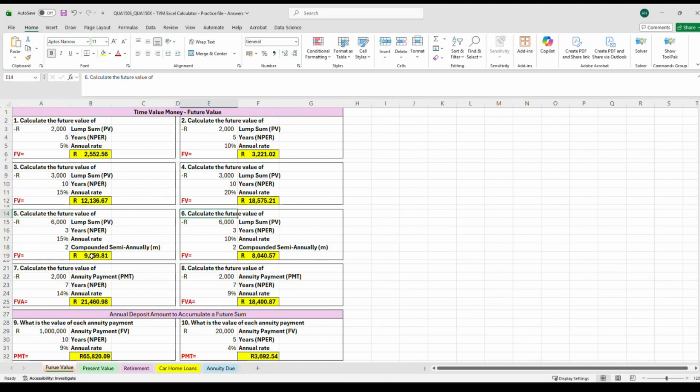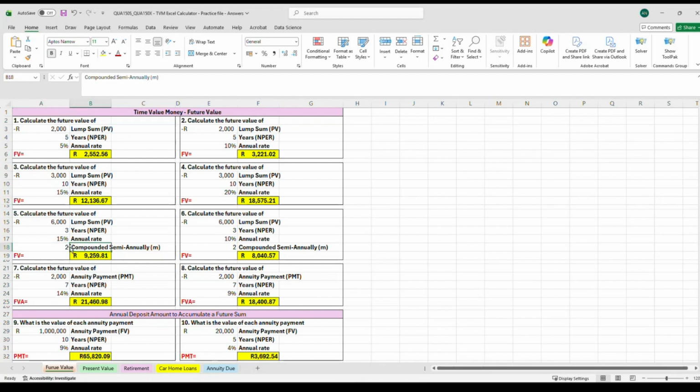Here is something called compounding. Compounding means, here it's only using an annual rate, so we are paying annually. It's not asking us for any compounding. Compounding means you're not paying once a year, but multiple times. So it just changes the frequency.